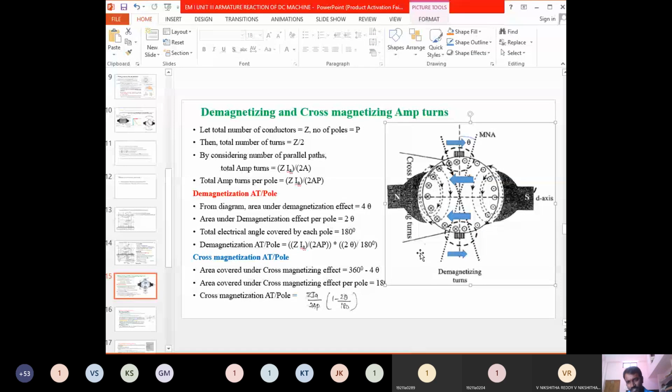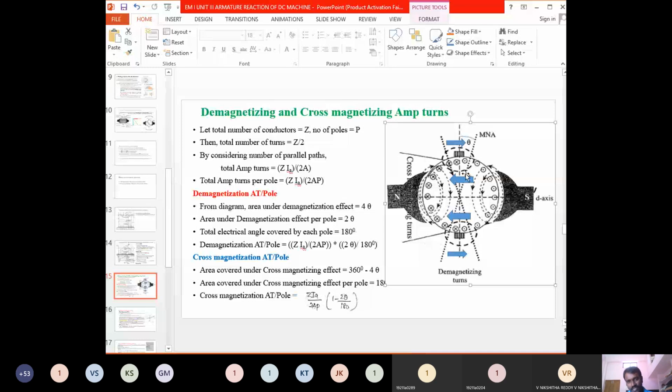Okay, you can stop posting your answers. So you can get a conclusion that due to the effect of these three conductors at the top and these three conductors at the bottom, the flux which is generated is flowing opposite to the main field flux.